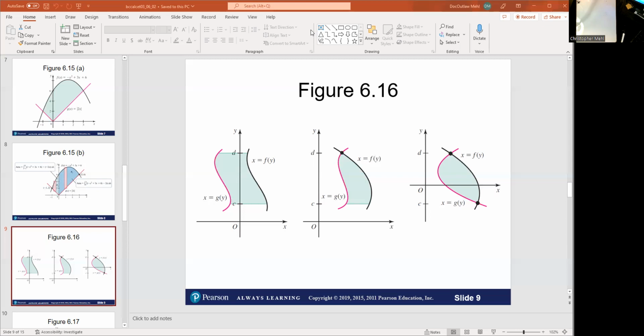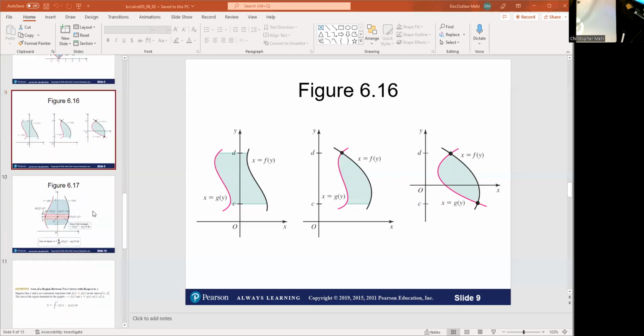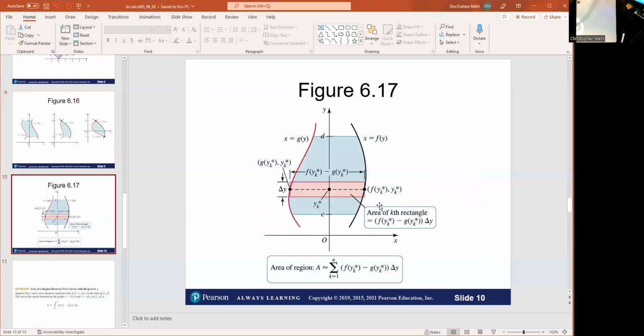So I have a left function x equals g of y, and a right function x equals f of y, and I want to build an integral that way. In those cases, we treat y as the independent variable, and the setup is the same.